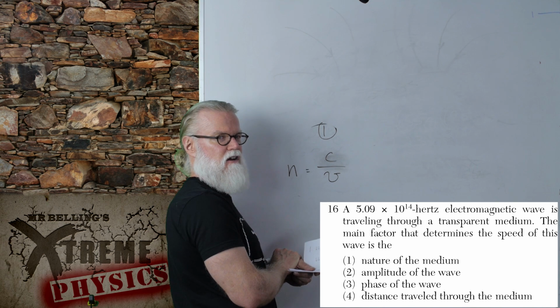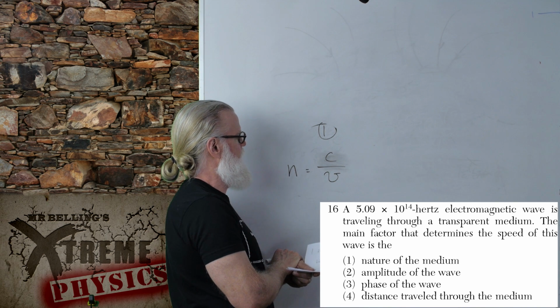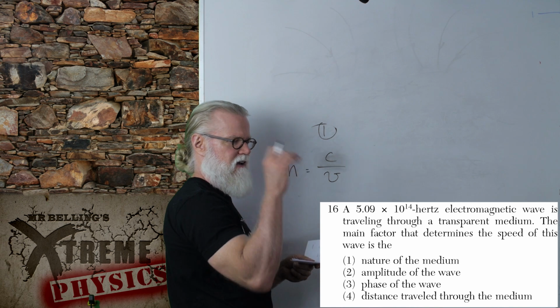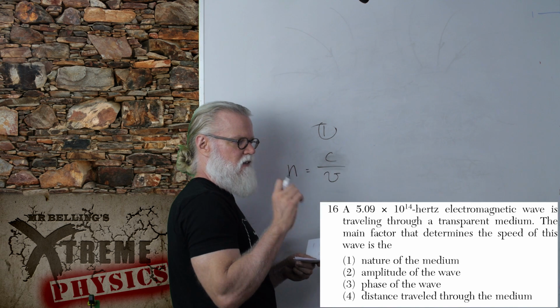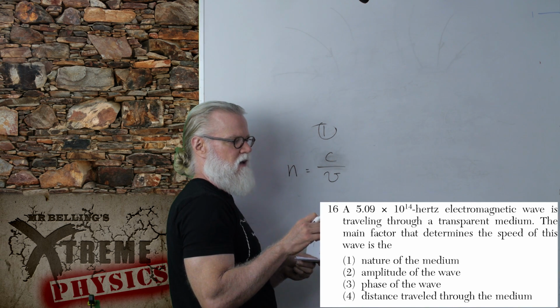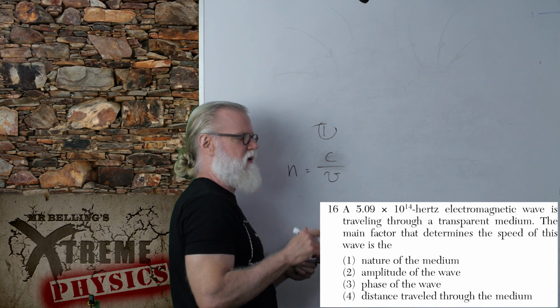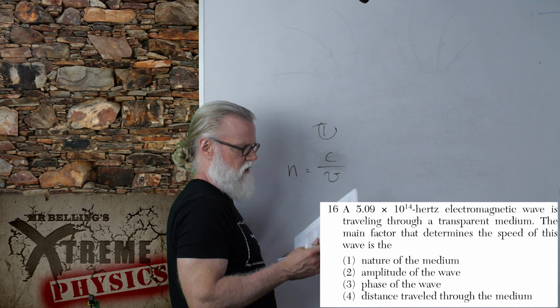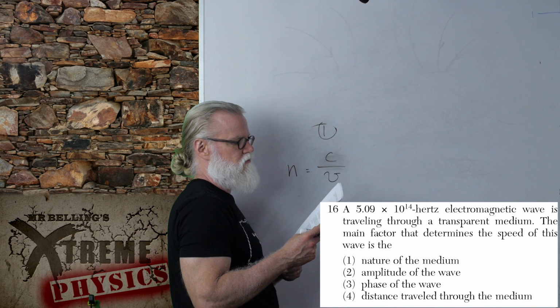Things are always going to go slower in other media. What really happens when light slows down is the photons get absorbed in the molecule for a short period of time, and then it spits them out again, and it's that delay that gives us this experience of slowing down. That's 16, answer 1.